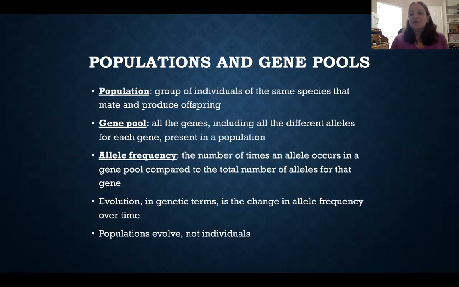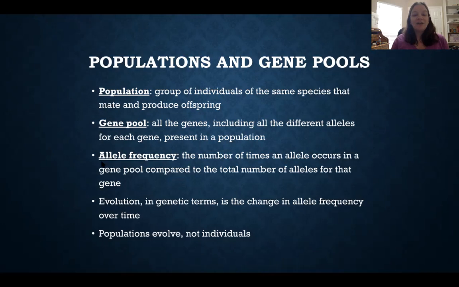But when we're trying to determine if evolution or natural selection is occurring, we're going to look at the population and the gene pool. A population is any group of individuals of the same species that live in the same area so that they can mate and produce viable offspring. The gene pool is all of the genes and all of the alleles for each gene that are present within that population.